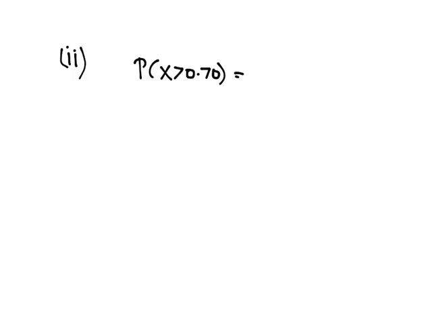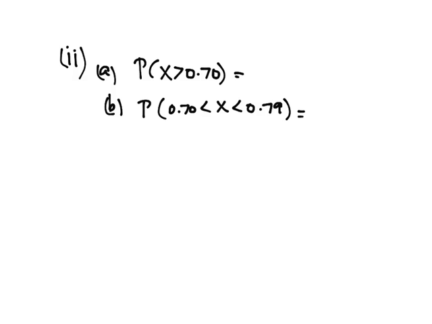You can use NCD. The lower limit is 0.70, upper limit is 10,000, and you will get the answer. Similarly, you can also find the answer for the probability that X is between 0.70 and 0.79. The lower limit is 0.70, upper limit is 0.79.